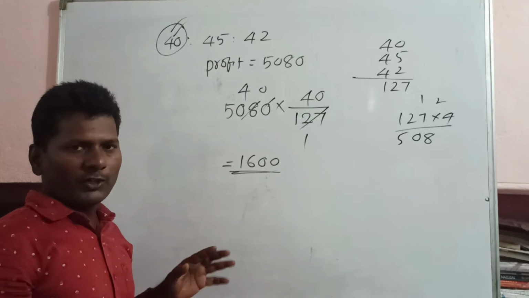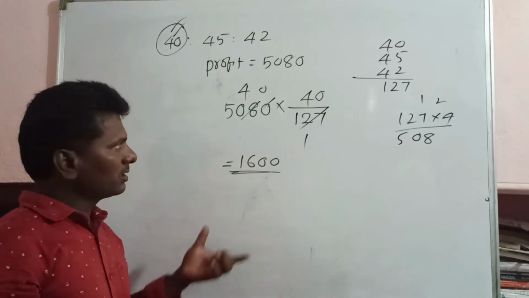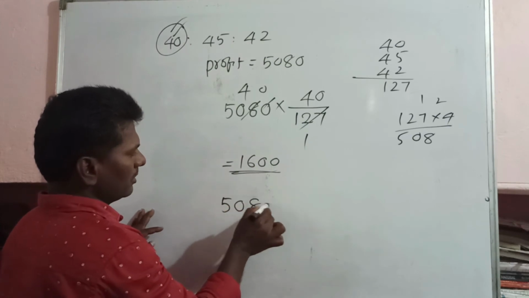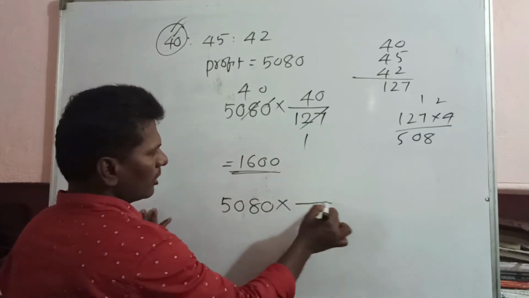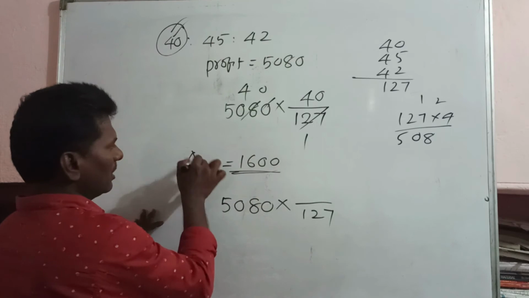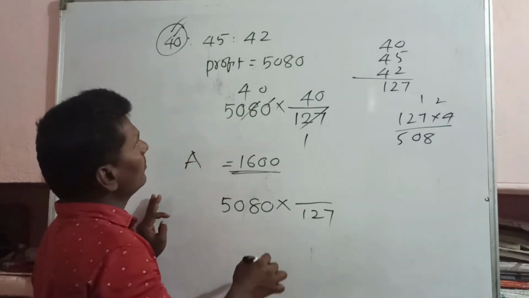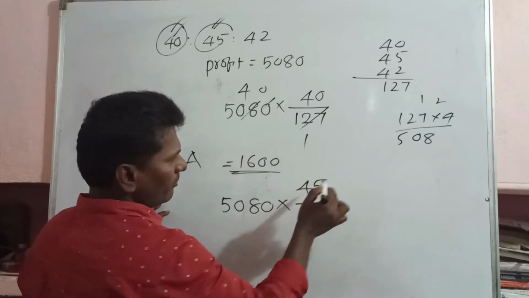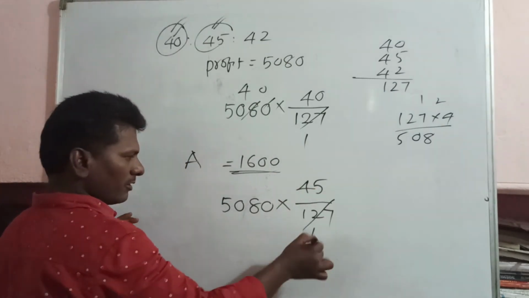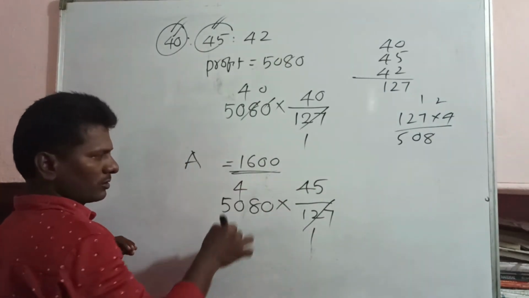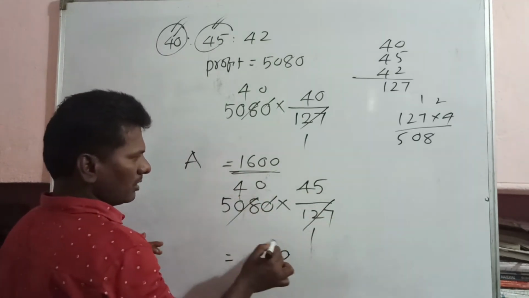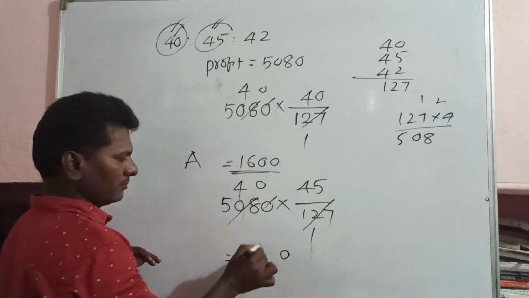Next we have to find out B's share. Again we write 5,080 rupees. Total parts are 127. This was A's. Now B gets 45 parts, so I am writing 45 parts. 4 5s are 20, 4 4s are 16 plus 2, 18.